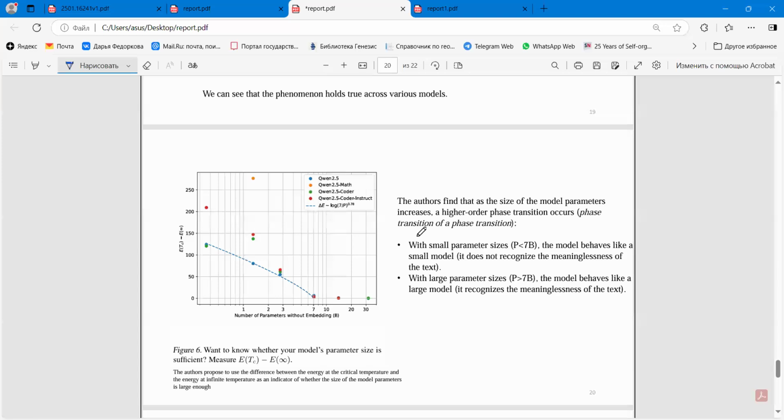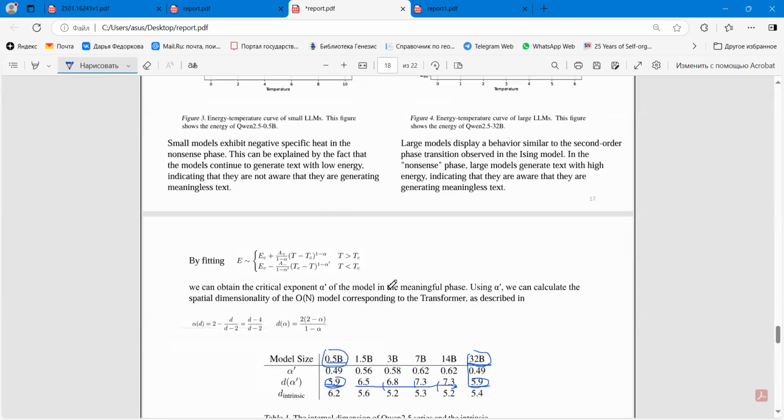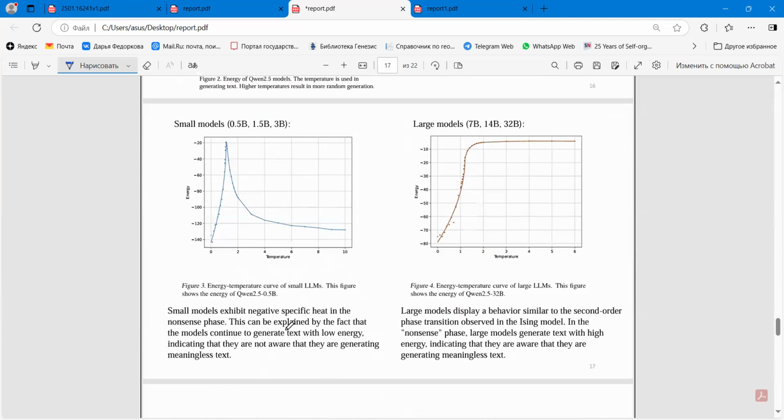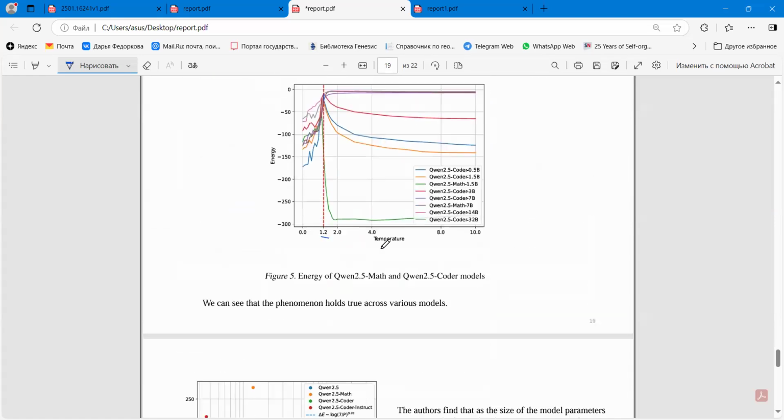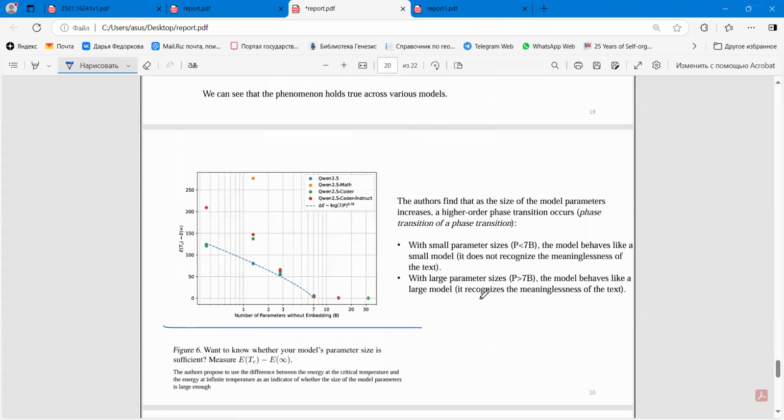Okay, let's discuss these graphs. I have told that they have said that in small models and large models, after temperature is more than critical temperature, models have different behavior, and so they have explained these facts from these graphs.